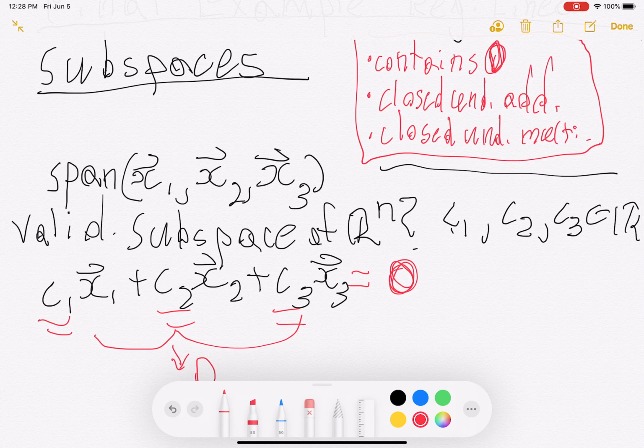For example, if that set of vectors is linearly dependent, then it might not span R3. However, if it's independent, it will most definitely span R3.